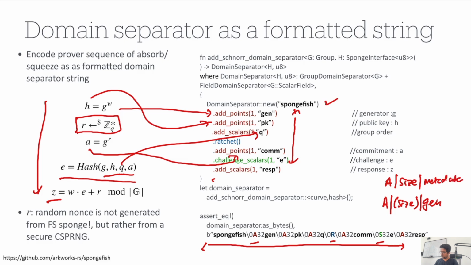So you encode it in a formatted string, separated by null bytes. In principle, for long protocols, you could write some constructor for doing this. Protocols which have repetitive structure, like round-by-round protocols, will have absorb, squeeze, absorb, squeeze, something like that, so you can encode all of them as the string.